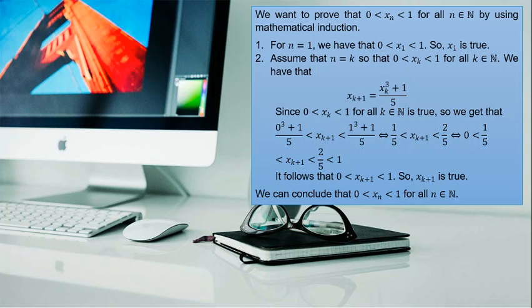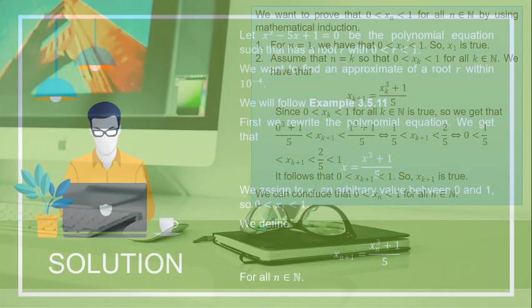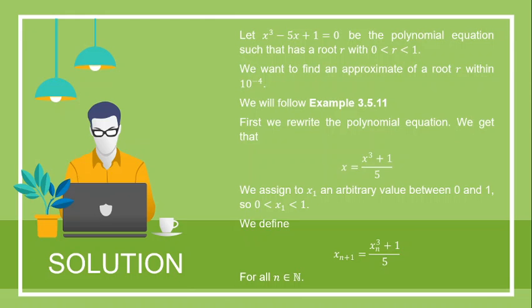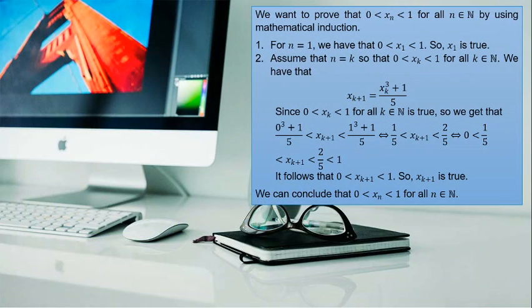For n = 1, we have that 0 < x1 < 1. So the statement for x1 is true. After that, assume that n = k, so that 0 < xk < 1 for all k element of natural number is true. We have before that x_{n+1} = (x_n^3 + 1)/5.